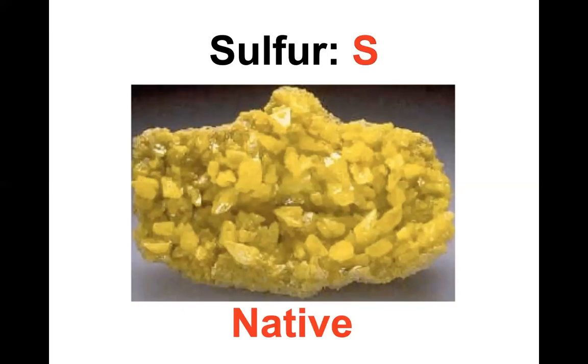Sometimes minerals have unique properties, things that are unique to that mineral. It's the only one that does that. Does anybody happen to know the unique property of sulfur? Anyone? It stinks. It smells like rotten eggs. Not many minerals have a smell, especially one like that. It's so distinctive.